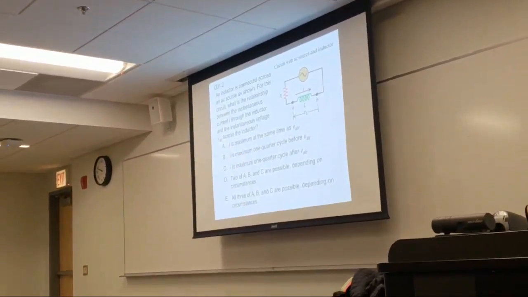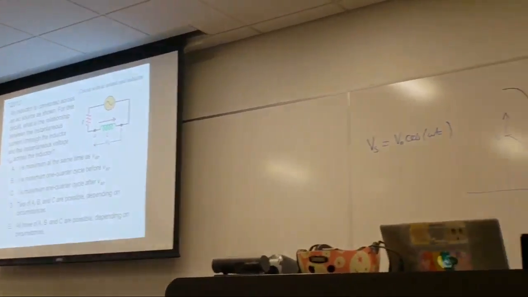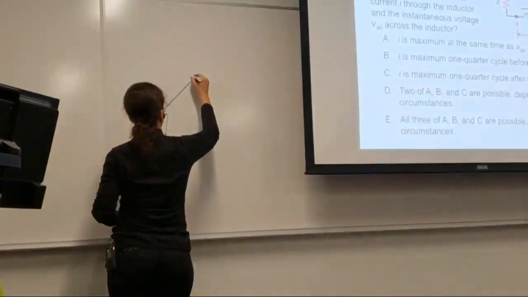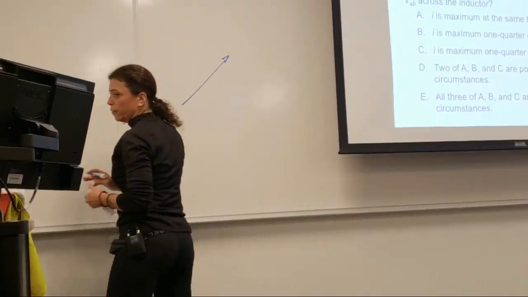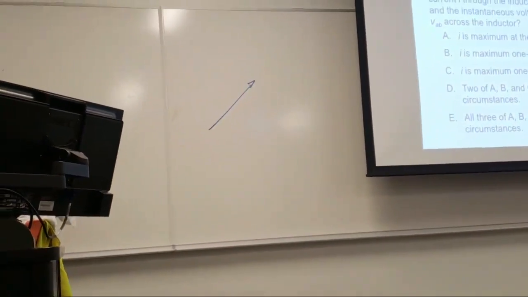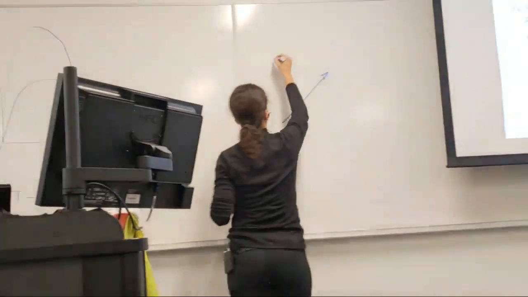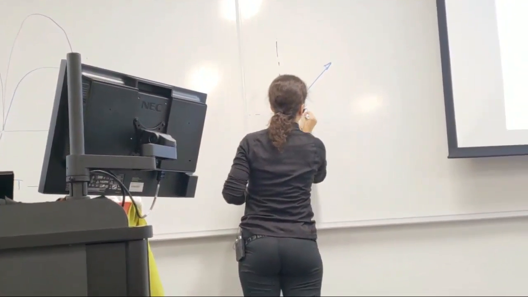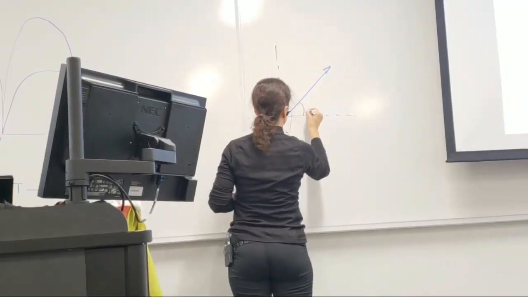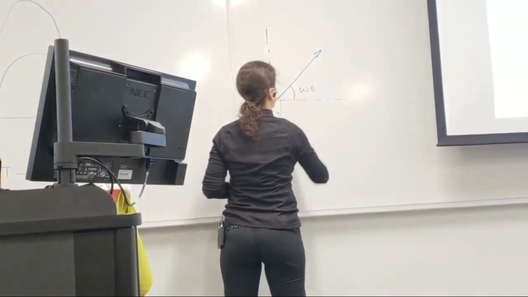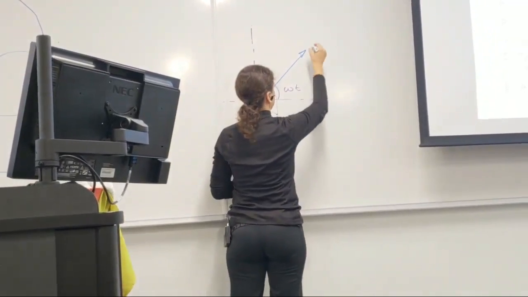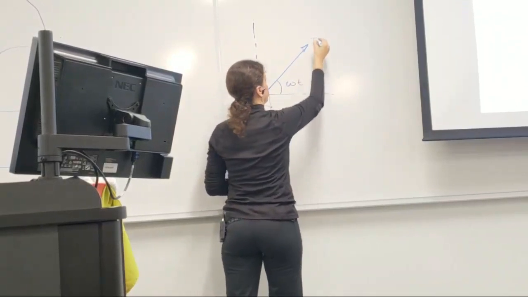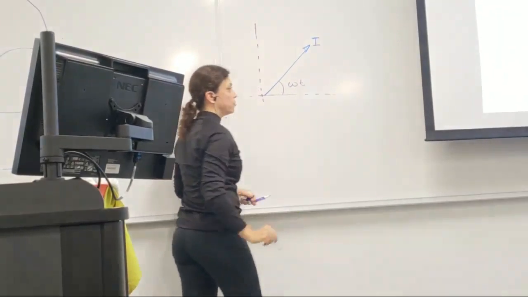So think of this phasor diagram that I just drew, so there was the current. And the current is like this in the phasor diagram, right? So let's say that at a time t it's rotated this amount. So that's omega t, and that's the current of the circuit.